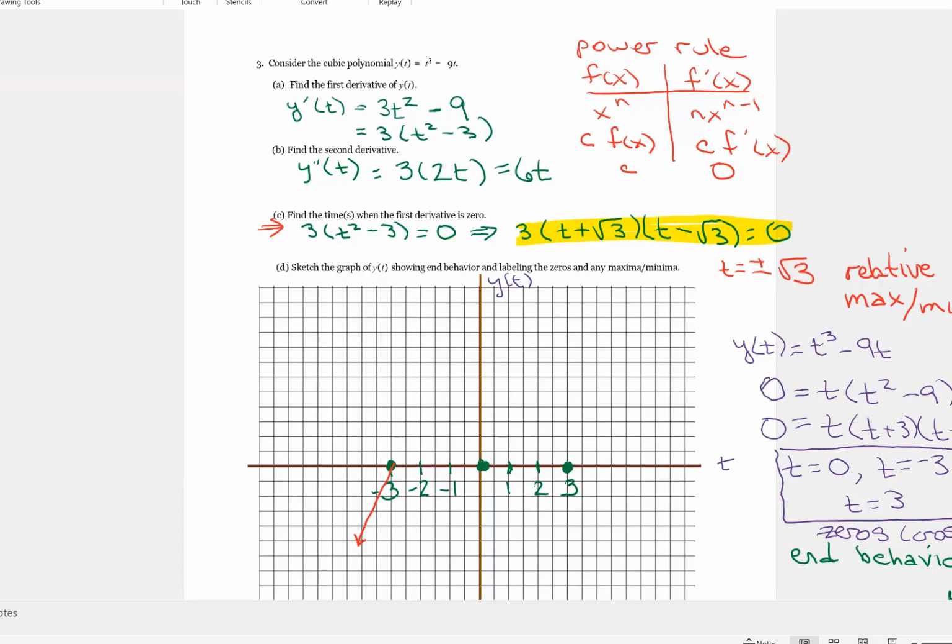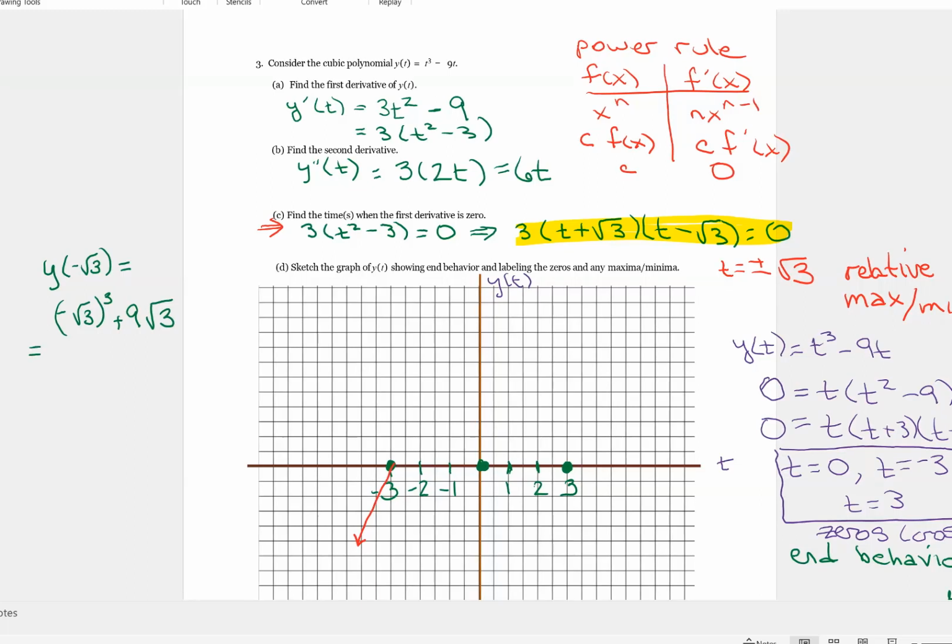And let's plug in to our function because we need to find out what that value is. y of negative the square root of 3 is equal to negative the square root of 3 to the third power minus 9 times the square root of 3. And negative the square root of 3 would make this a positive value.